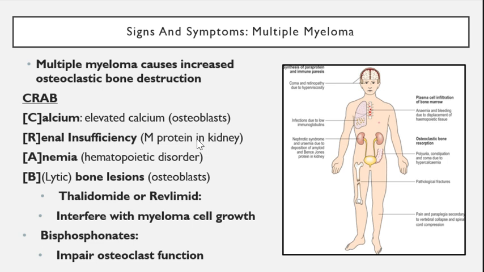You have anemia, right? Because your blood's messed up, and you have bone lesions because you're attacking your osteoblasts. So drugs that can treat multiple myeloma are thalidomide or Revlimid.